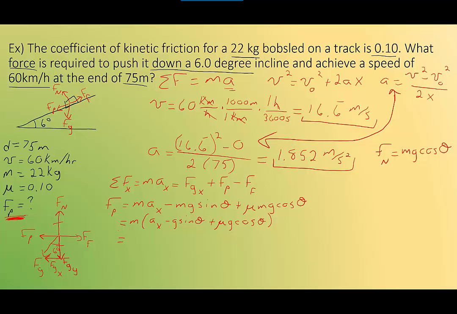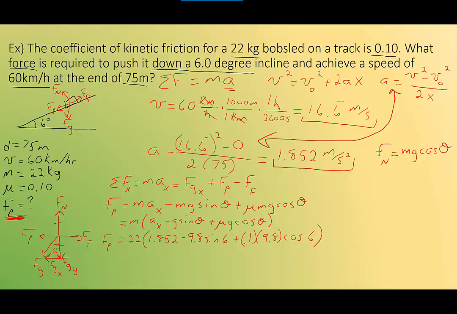So then the force of the pull, whoever's pushing it rather, I guess, not pulling it, are they? No, they're pushing it, is 22 times 1.852 minus 9.8 sine of 6 plus 0.1 times 9.8 times cosine of 6.